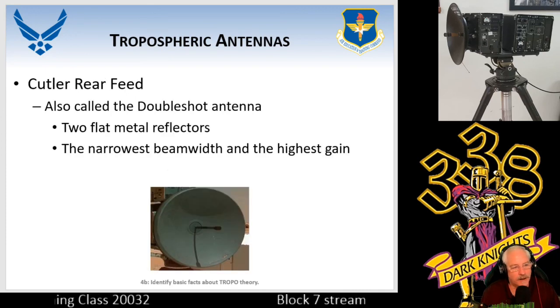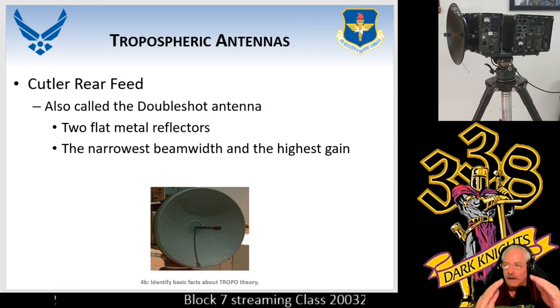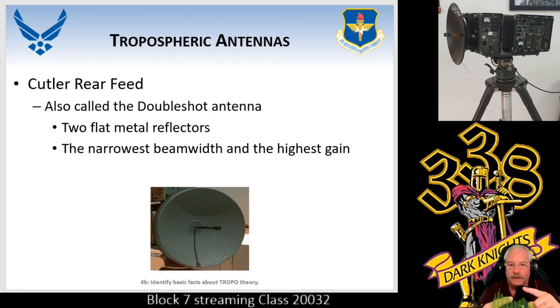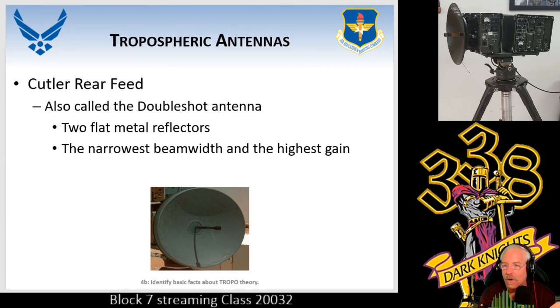Next up, we have a Cutler. This is, again, what they call a double shot or a double bounce. This one has two metal reflectors, and they look like this on the waveguide, and underneath those reflectors, there's a rectangle hole on both sides. It is considered the narrowest beam width and the highest gain.